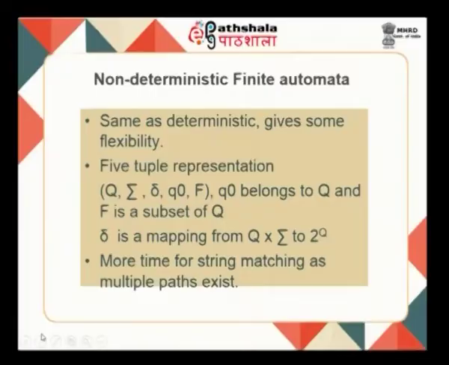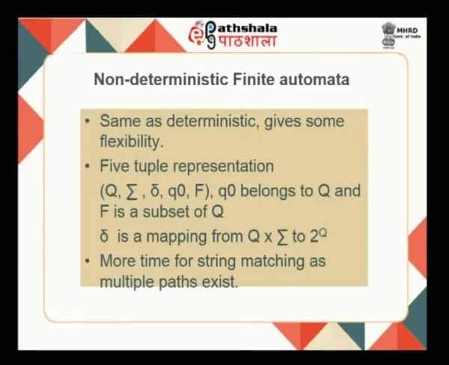Again it is a 5-tuple consisting of Q, sigma, delta, Q naught and F, where Q naught belongs to Q and F is a subset of Q. These two definitions are the same as in the case of a DFA, but the only difference is delta is a mapping from Q cross sigma to 2 power Q, where 2 power Q is called the subset states of the NFA. It is NFA for short, non-deterministic finite automata.